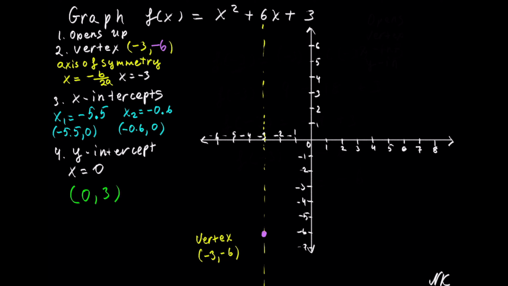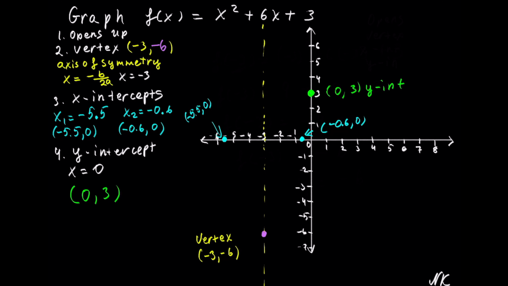Then we have an x-intercept at negative 5.5, which is between negative 5 and negative 6, and the other one is at negative 0.6, between 0 and negative 1. So negative 5.5 is our smaller x-intercept, negative 0.6 is our larger x-intercept, and at 0, 3 we have the y-intercept.